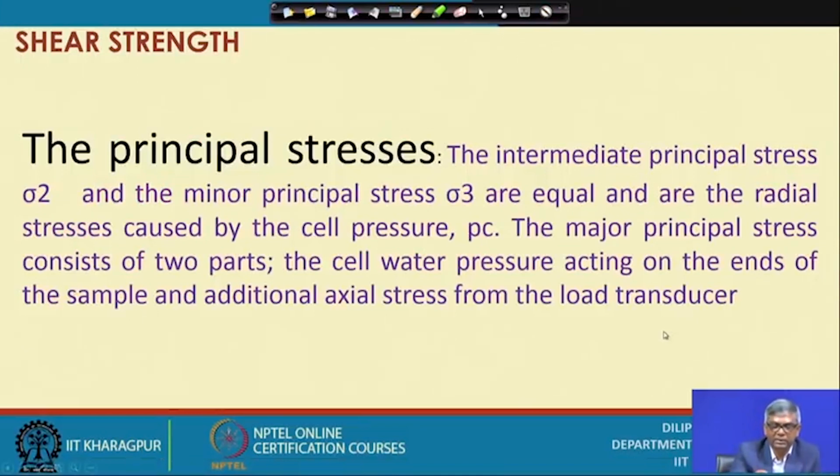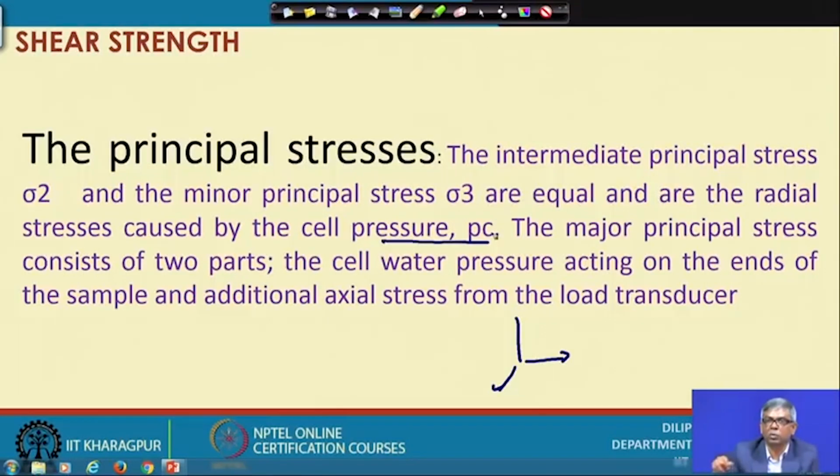And the principal stresses, you can see now, I have mentioned that we are considering a cylindrical sample. Though we have 1, 2 and 3 directions, since it is cylindrical, 2 and 3 will be identical and they are called intermediate or minor principal stress, which is nothing but the cell pressure we are applying, sigma 3. The major principal stress consists of 2 parts.